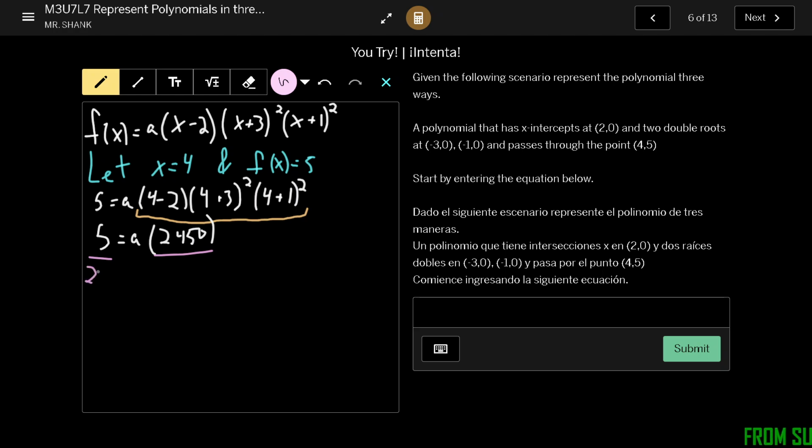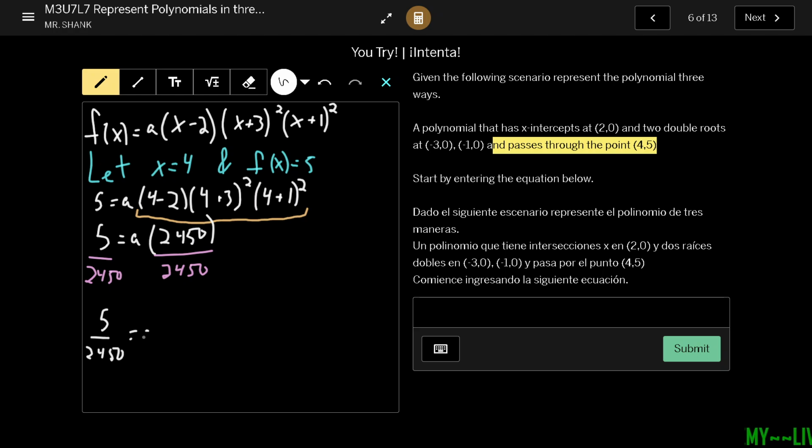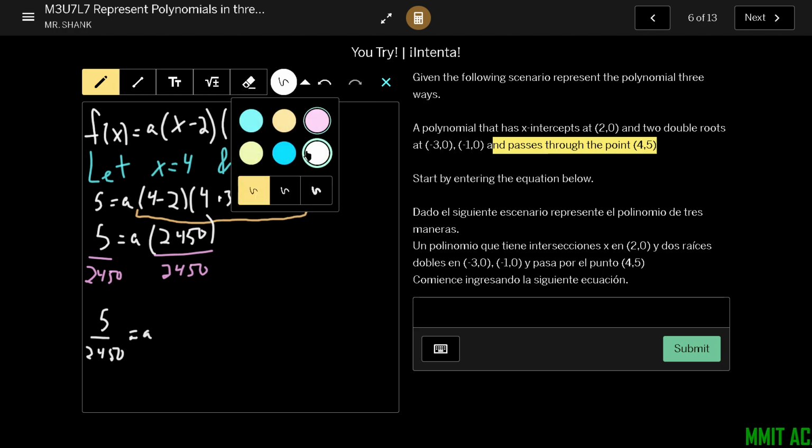So 2,450. Again, I suggest you leave it as a fraction. That way you don't have to simplify. Keep it simple for yourself. So I'm going to say 5 over 2,450 is equal to A. Same step as always. Make sure that you're plugging A back into your original equation.